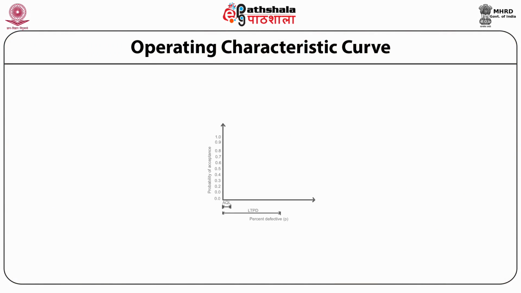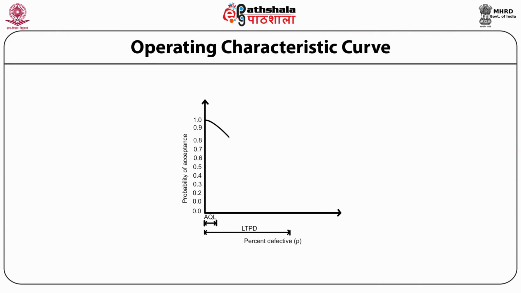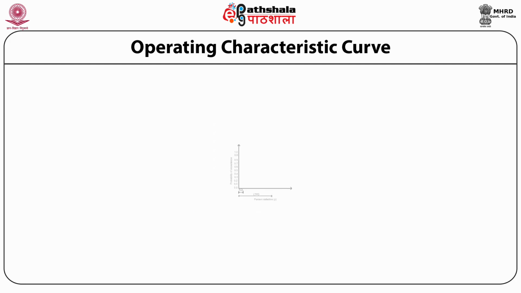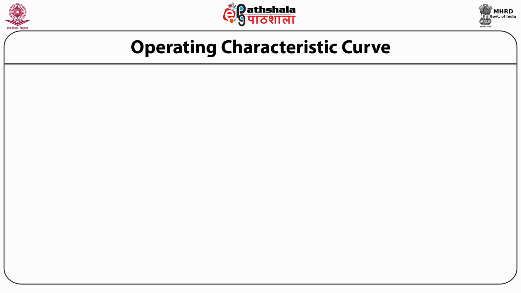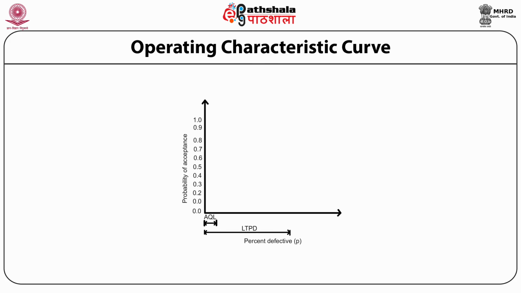The curve also indicates alpha and beta values. In the following figure, if the acceptable quality level is 1%, then the probability of acceptance, suppose, is 90%. But if even with 1% AQL the batch is rejected, it would indicate type 1 error, shown by alpha in the figure.